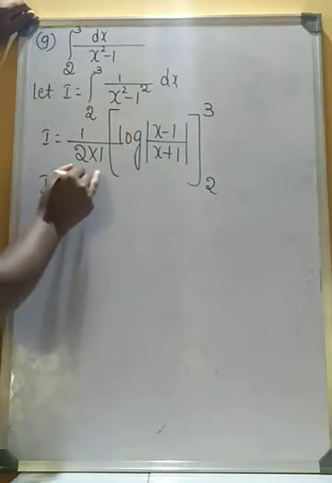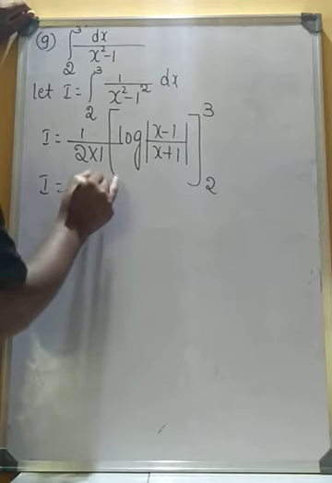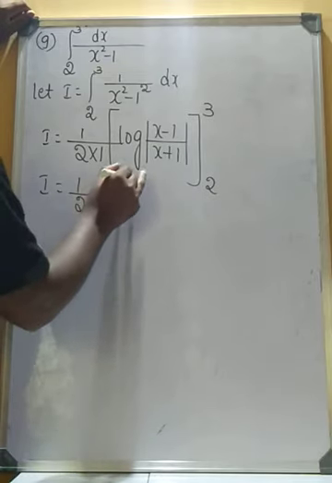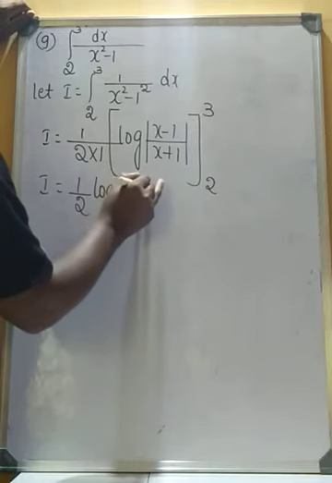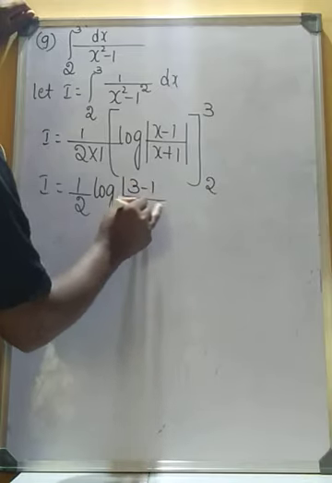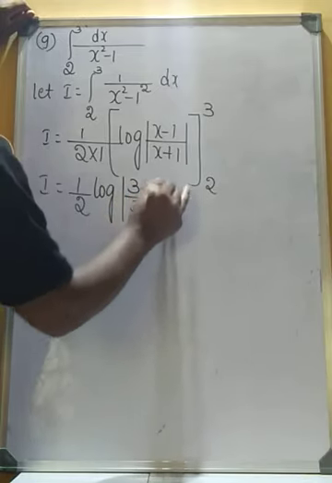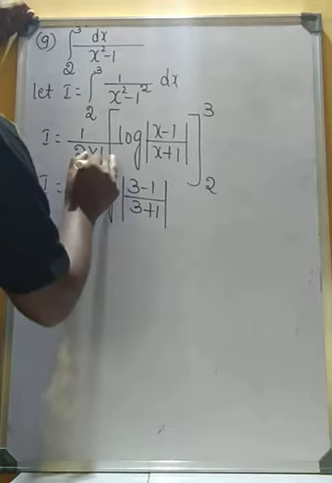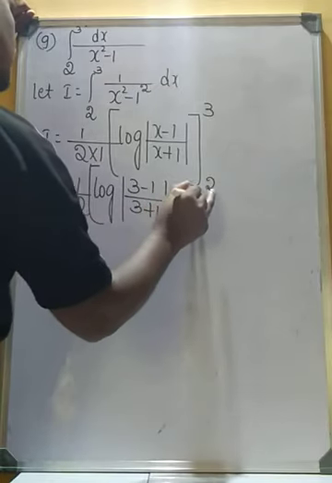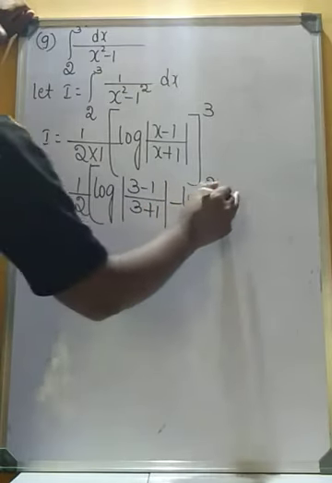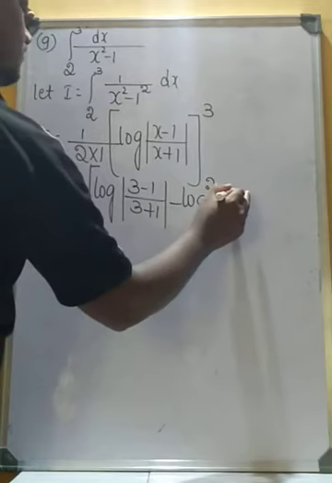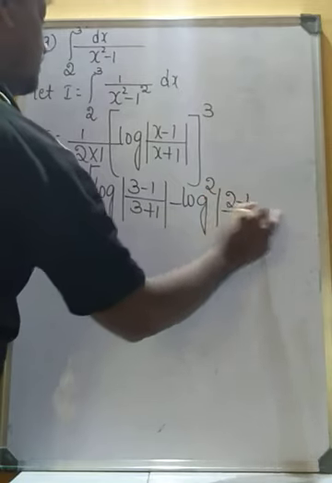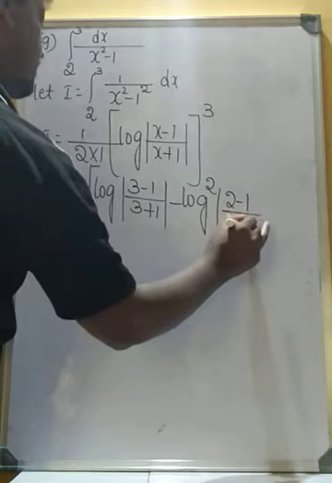Therefore, I equals 1 by 2 into log of mod 3 minus 1 divided by 3 plus 1, minus log of mod 2 minus 1 divided by 2 plus 1.